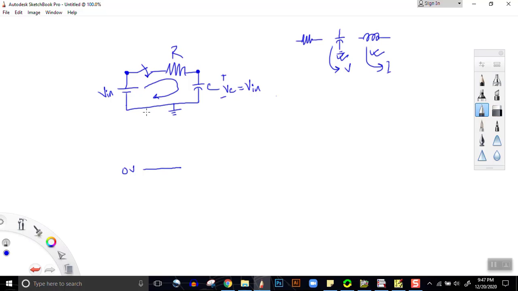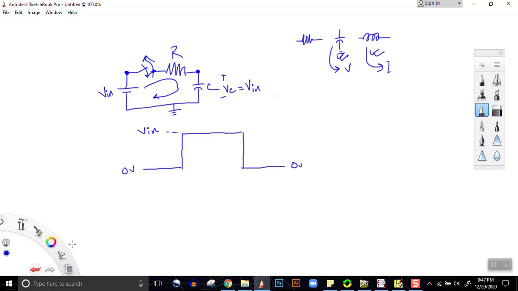Then what happens? The voltage level will shift abruptly to V in. And again, after a certain time, we open the switch. Then what will happen? The voltage level at this node will again become 0 volts. So by switching on and off, we get a pulse from 0 to V in.